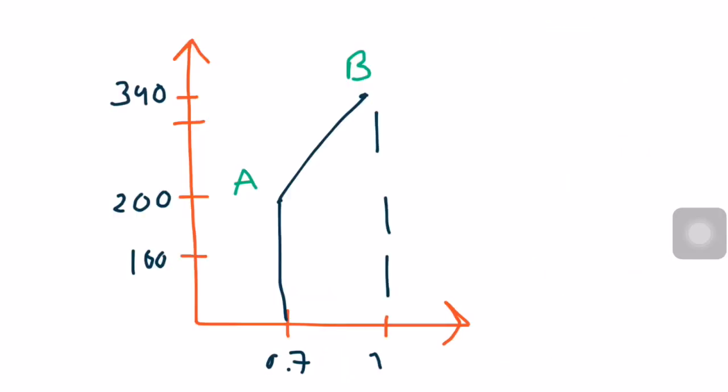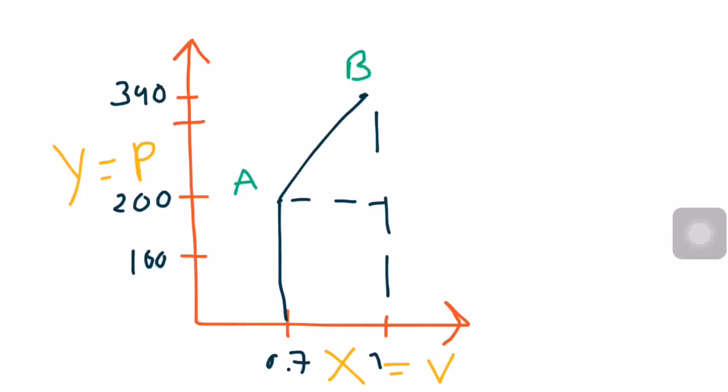So here's an example. Remember that the y-axis is pressure and the x-axis is volume. According to this, we have to calculate the work between the points A and B. And how are we going to do that? We can make two different shapes.